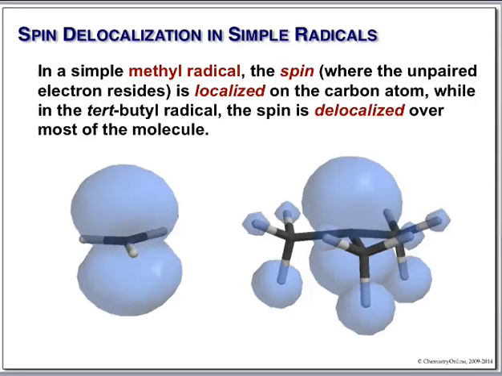If we did this on a tertiary carbon and calculated where the radical character is, where this extra electron is, it turns out that it's not just on the central carbon, but actually spends some of its time on all these other places. It's also not planar anymore, it's slightly puckered. This is a much more stable situation than this because we spread the radical character out over lots of atoms.